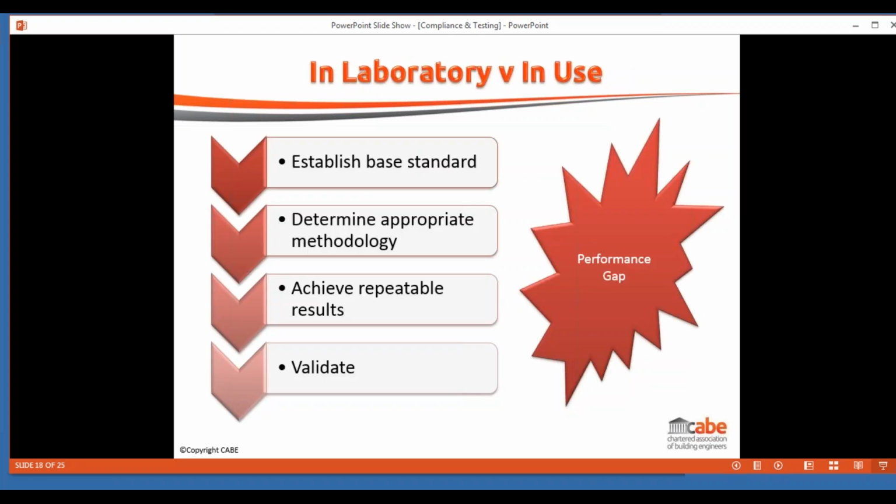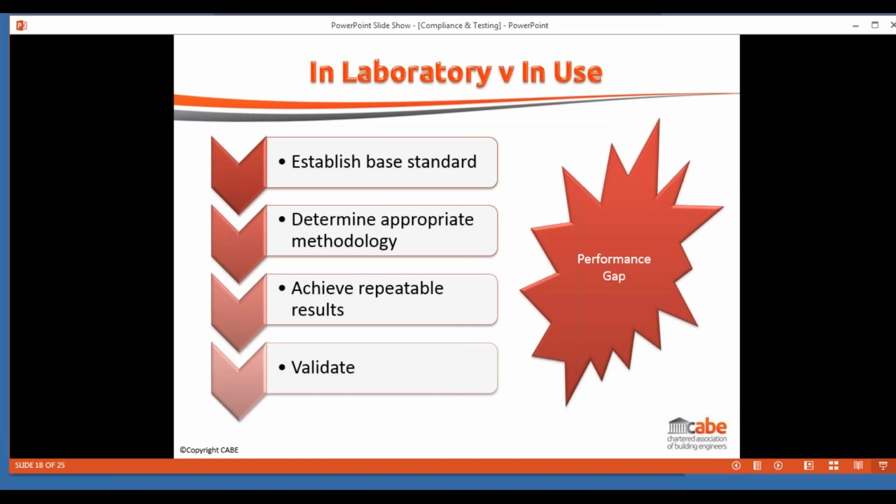And then we do have to look at the issue of what's the difference between the indication in a laboratory test and the actual performance in reality. And laboratory testing may be the only true option and can give us a base standard. It is a good process for providing a comparison between materials.